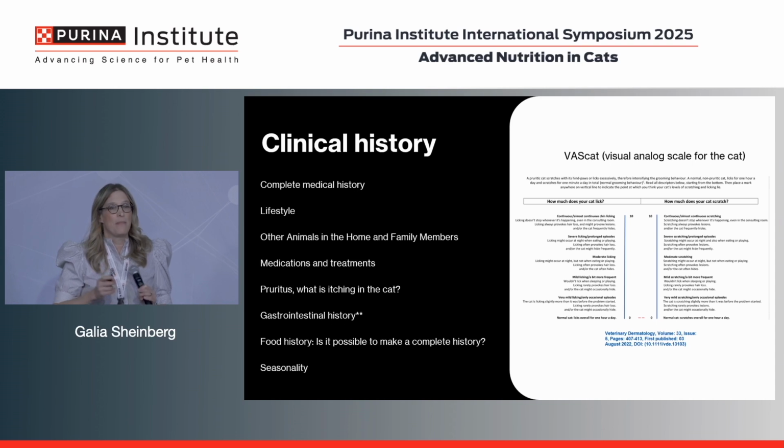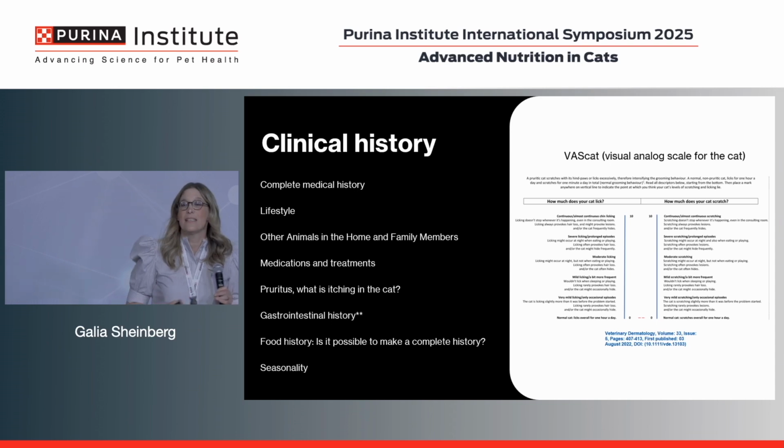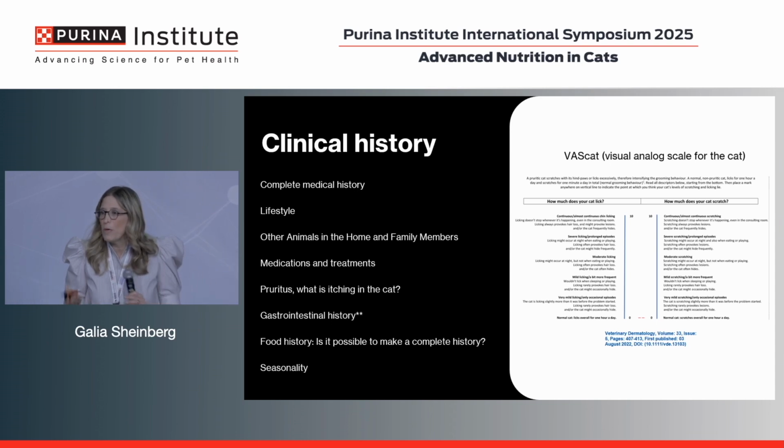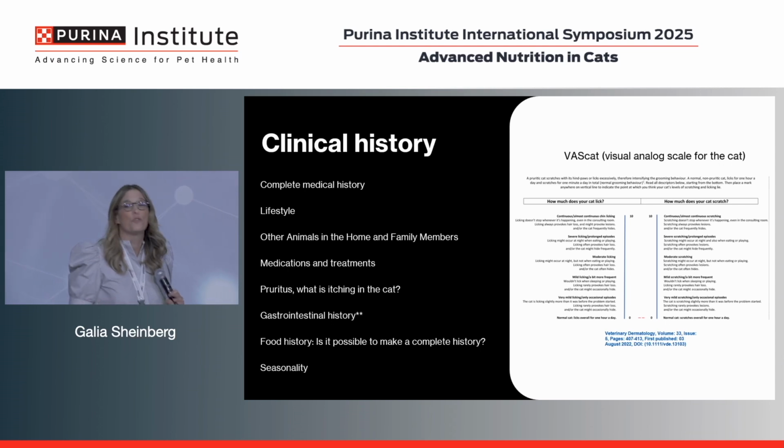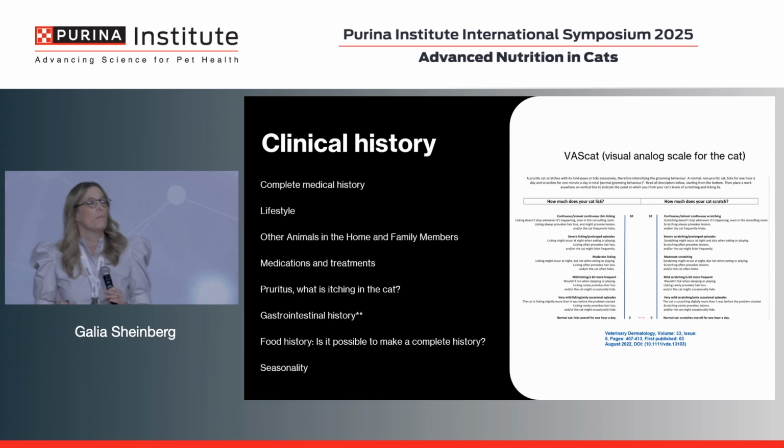Okay, from then, we go to gastrointestinal history. Remember, if somebody's coming in because they have a cat with skin disease, this cat is itchy, this cat has lesions, they're not really thinking about GI disease. So if we don't ask specific questions about diarrhea, about gas, about problems with foods in the past, they might not remember to bring it up.